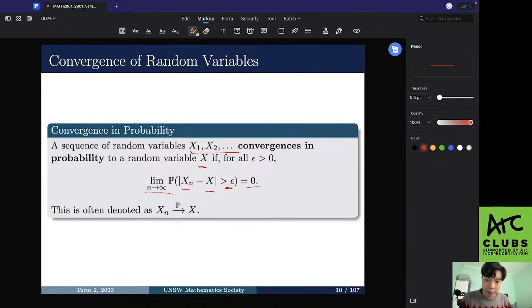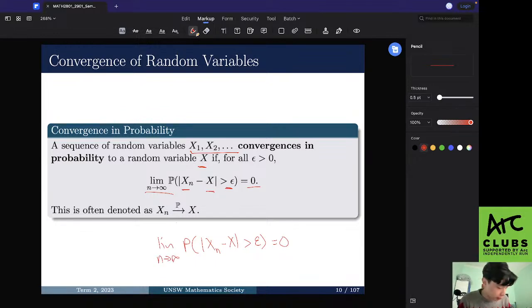So that might be a bit of a handful. Although Leibniz said in his thing, don't worry too much about it, I think it's still good to know. So it's just the probability that the difference between xn and x is greater than epsilon being 0 as the limit approaches infinity.